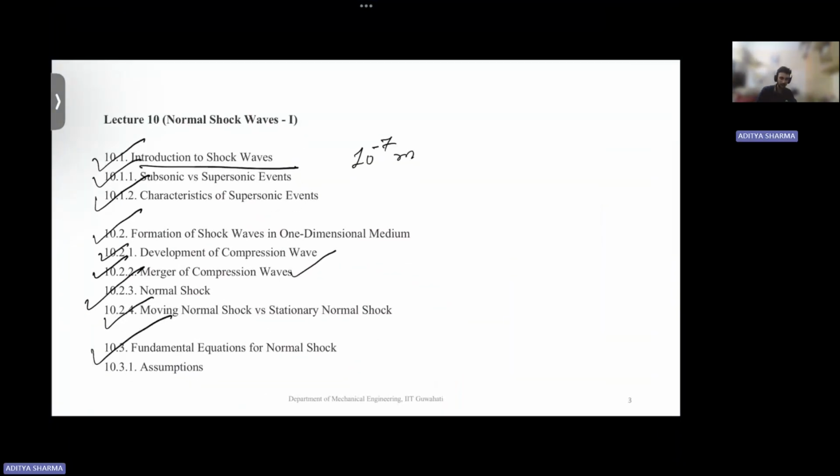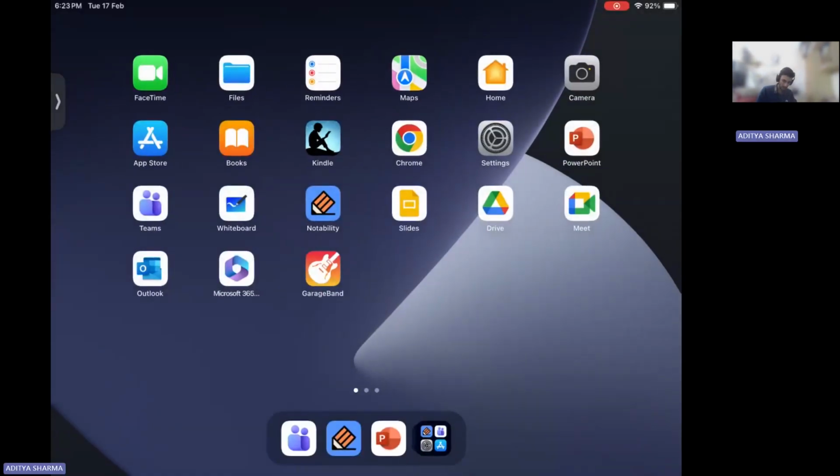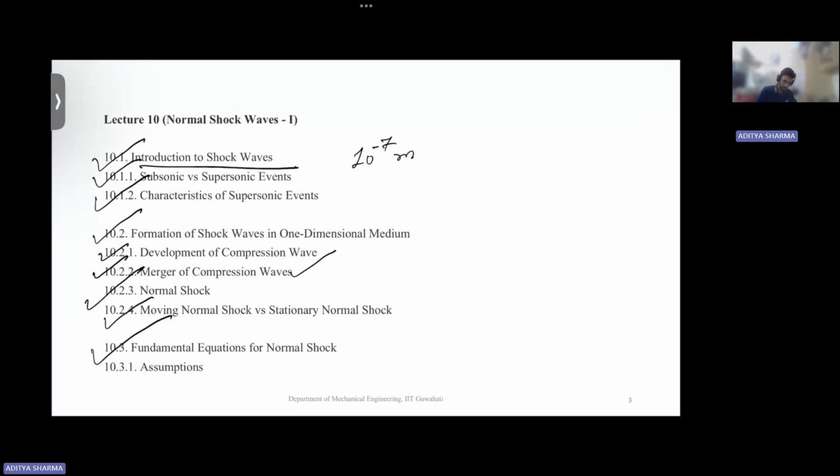Then there are fundamental equations of the normal shock wave. Let's see what the fundamental equations are.